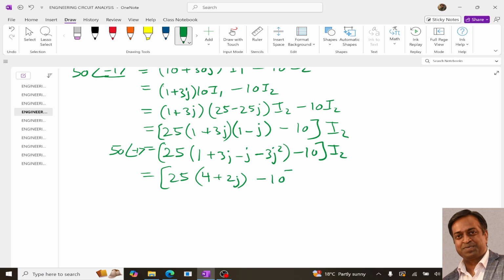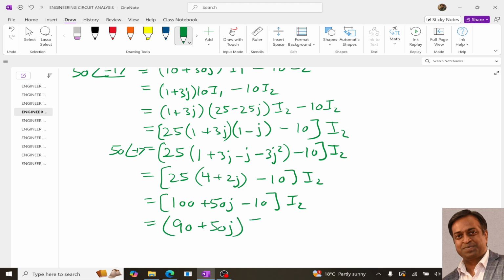Minus 10 I2. So it will be like 100 plus 50j minus 10 I2. So this is 90 plus 50j I2 and this is 50 angle minus 17, right?